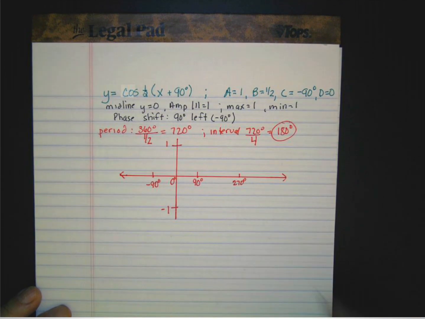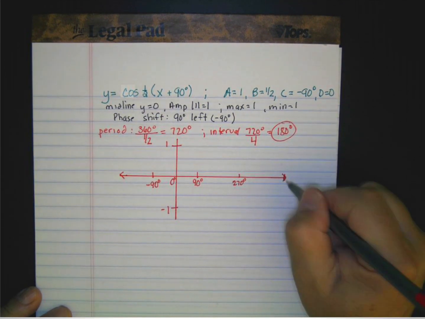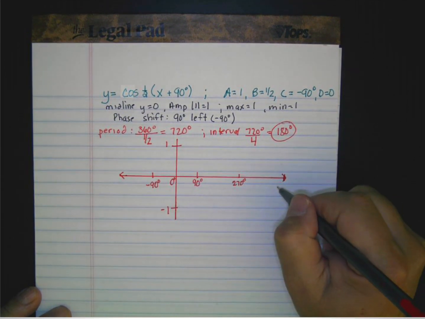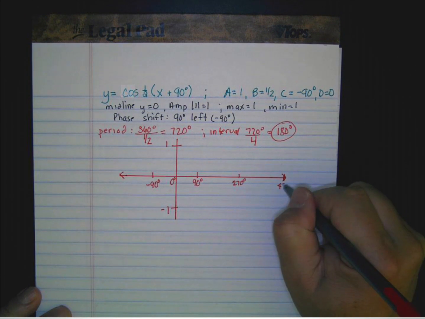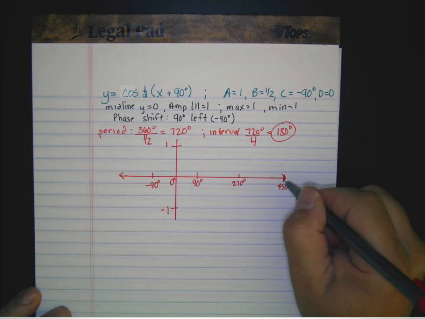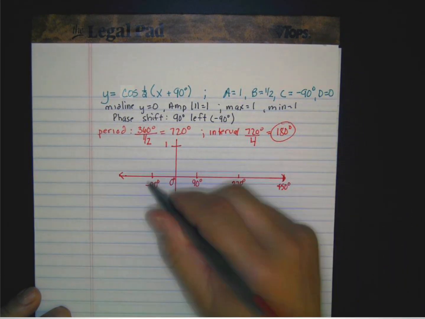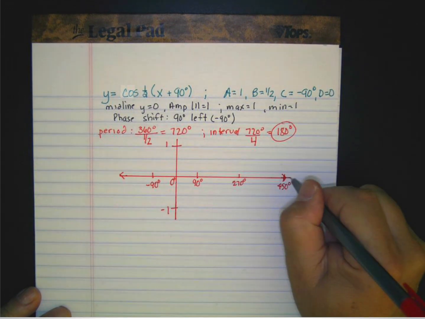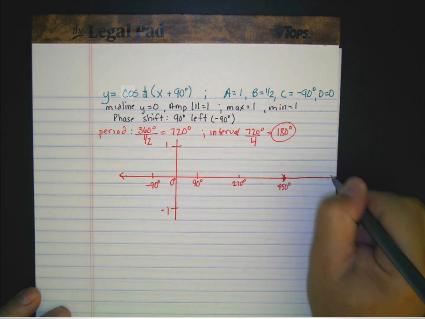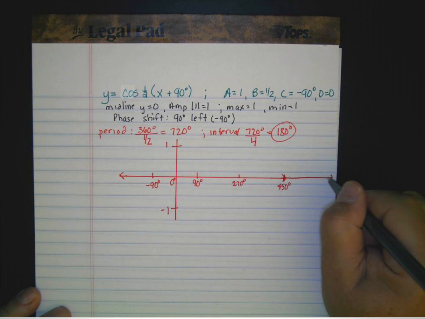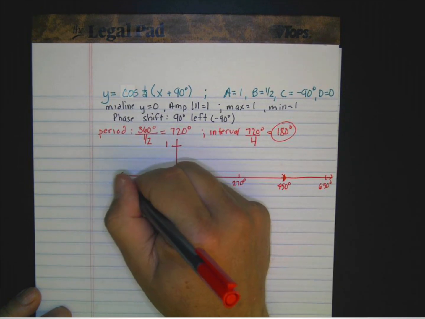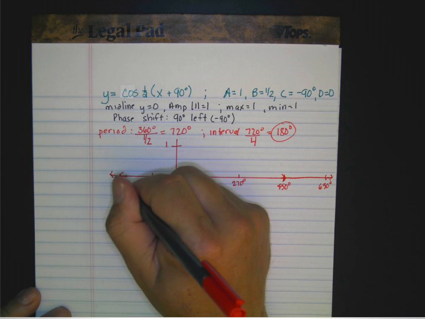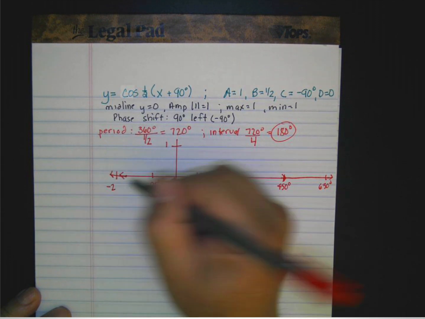I probably don't have enough room here. Add 180 to that, and we get 450. Now, does that give me 5 points? 1, 2, 3, 4. It actually only gives me 4. So I'm going to keep going. 180 to that would be 630. And I could actually go 180 back this way, too, which would be negative 270.